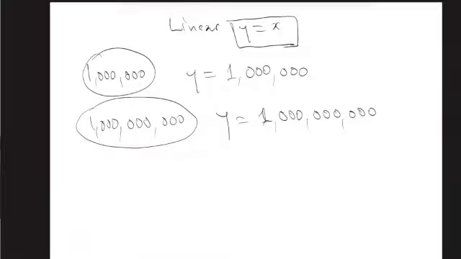And at step 1 billion, y equals 1 billion. So that gives you an idea about how linear growth is. The difference is linear growth adds while exponential growth multiplies.